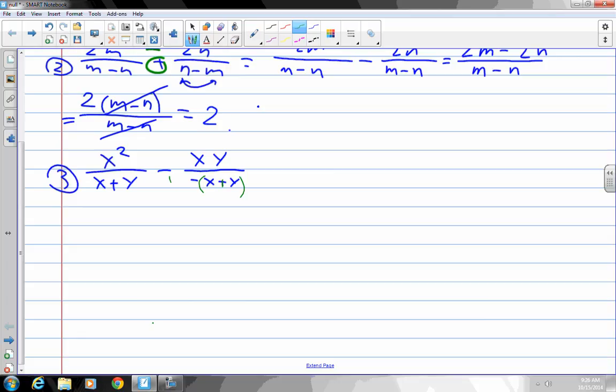That's a plus, right? These two minuses will give me a plus in the middle. So pull out a negative, and then that's x squared over x plus y plus xy over x plus y. So same denominator.